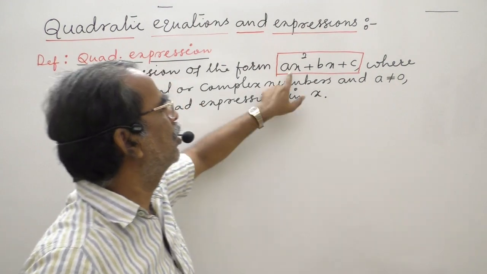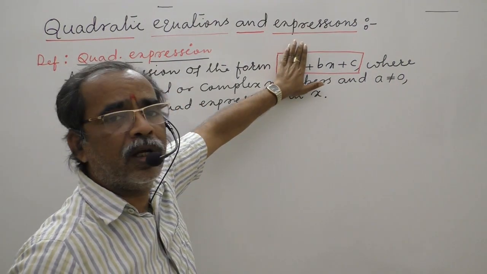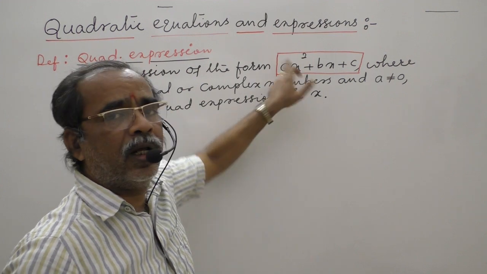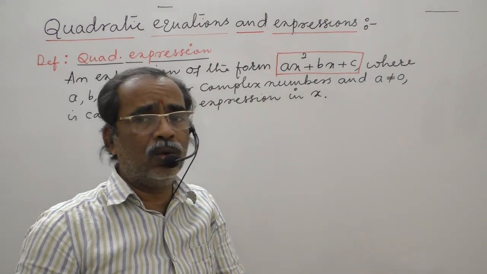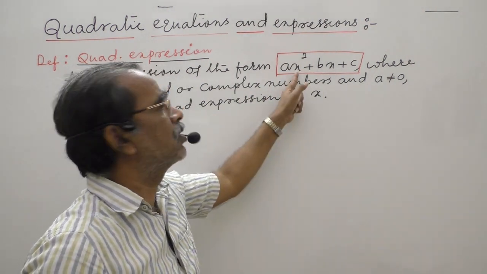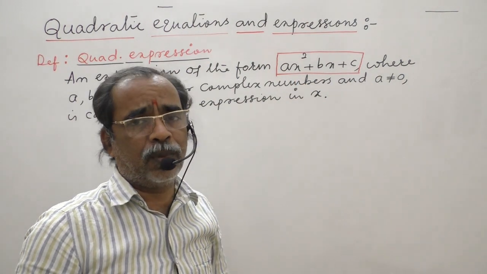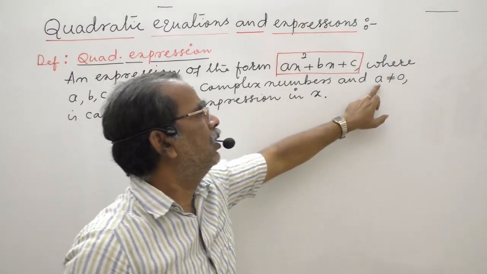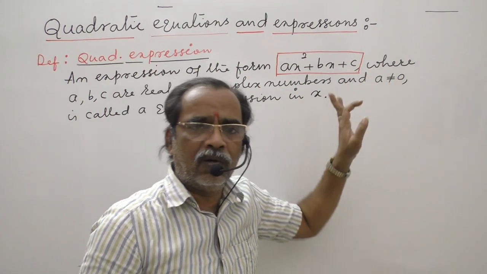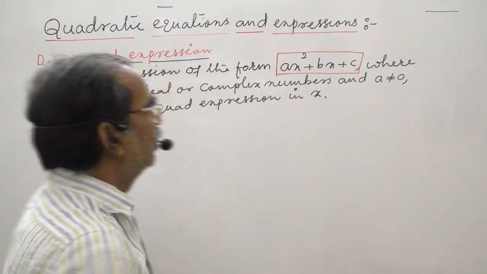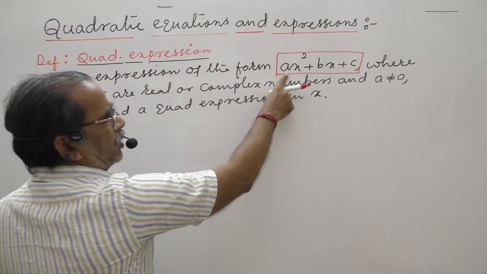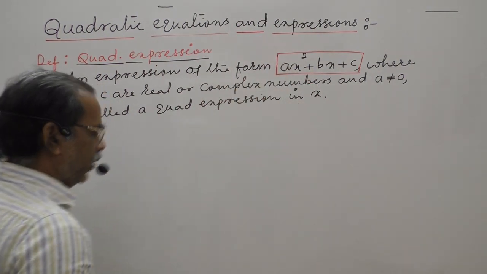If a is 0, then this becomes a linear equation. Quadratic means its degree should be 2. That means this x square must be there in the expression. For that reason, I have taken a not equal to 0. Yes, this expression is called a quadratic expression.